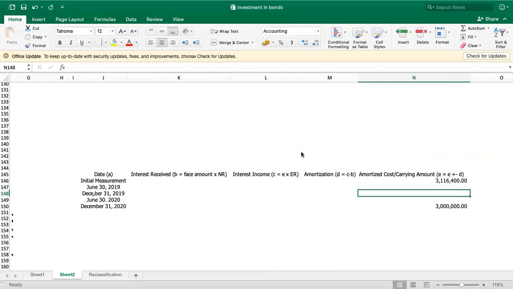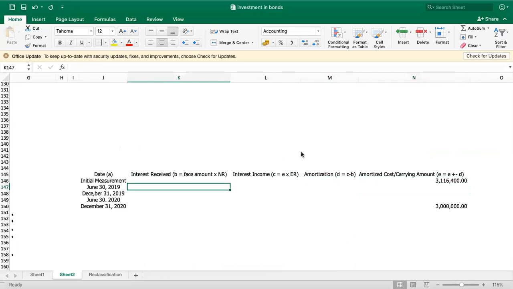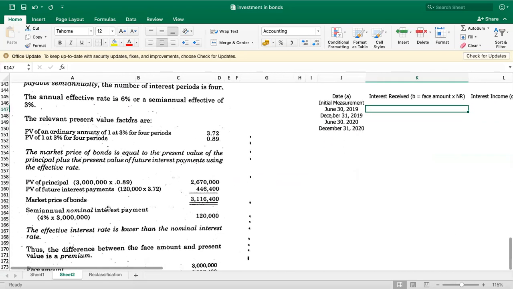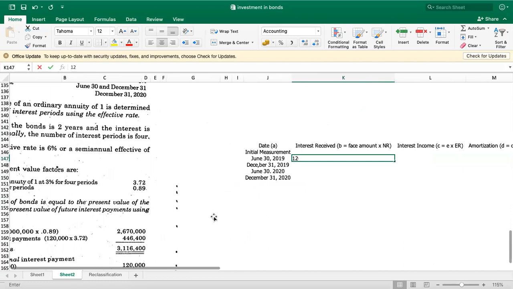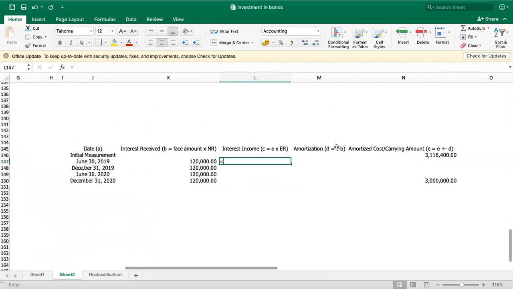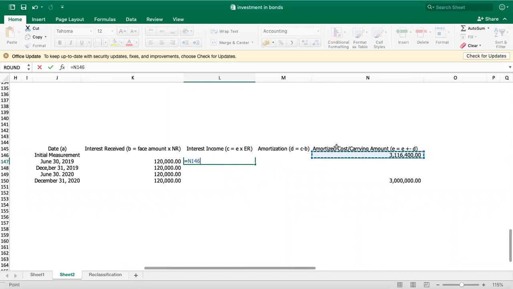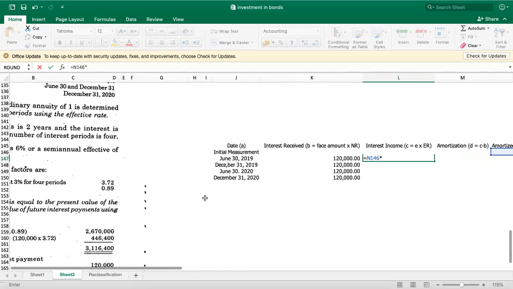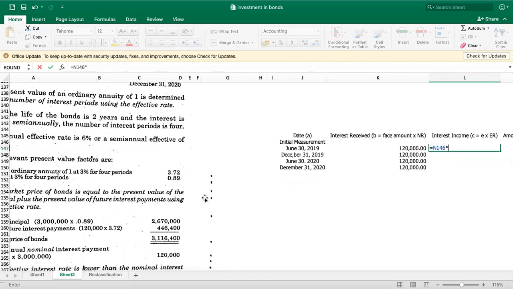Okay. So yung interest received natin, every June 30, December 31, June 30, December 31. Magkano yon? 120,000. So this is uniform. Okay, interest income natin, that is based on the carrying amount, initial measurement for June 30, 2019 times, magkano yung effective rate natin? 6%, but since semi-annual, that's 3% lang.